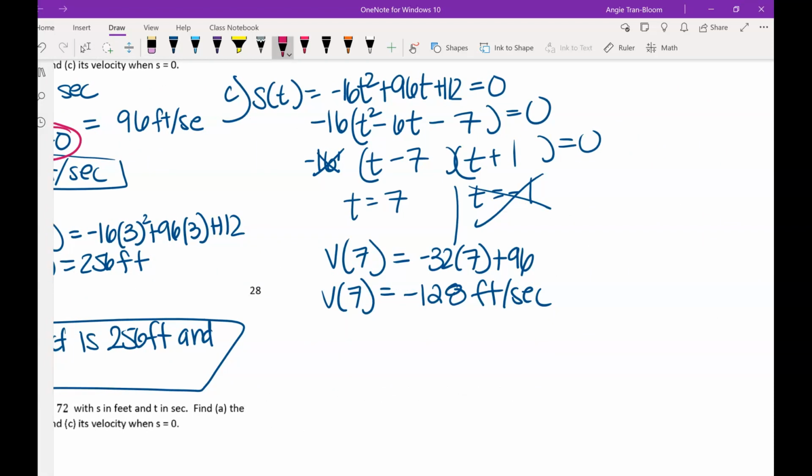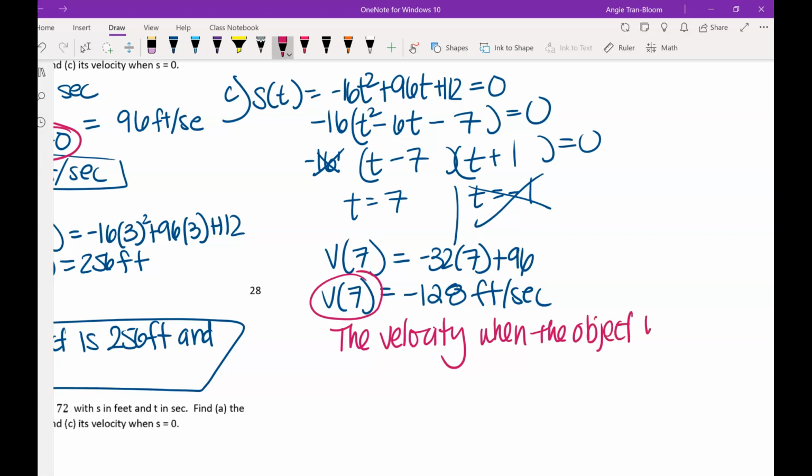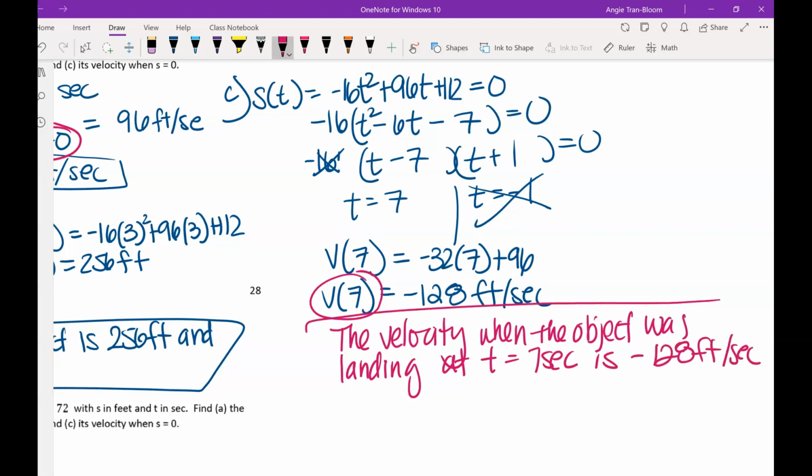Now it was landing at 7 seconds, so that's why the velocity is negative. So the velocity when the object was landing at t equals 7 seconds is negative 128 feet per second. Right? So again, velocity can be negative.